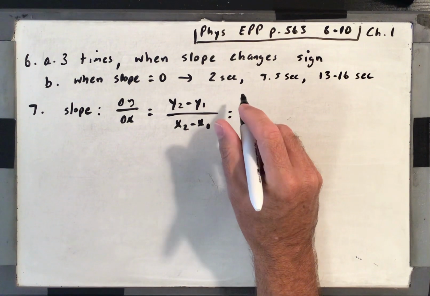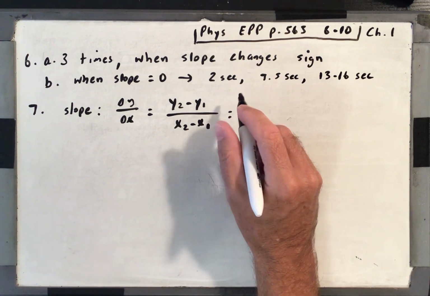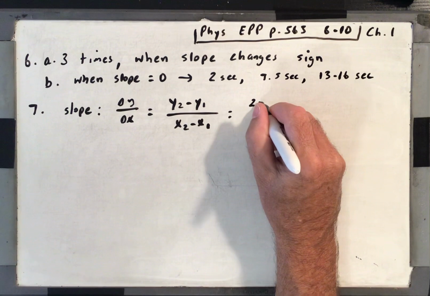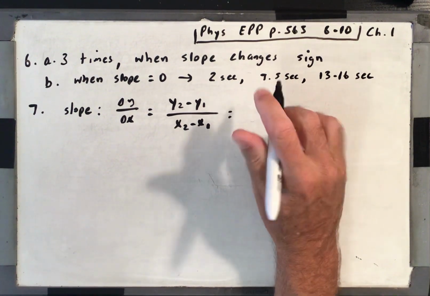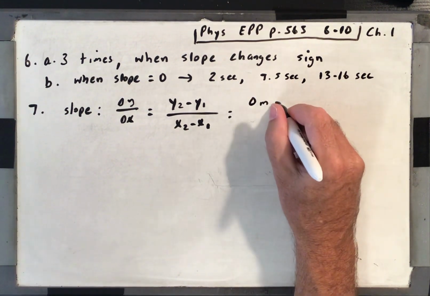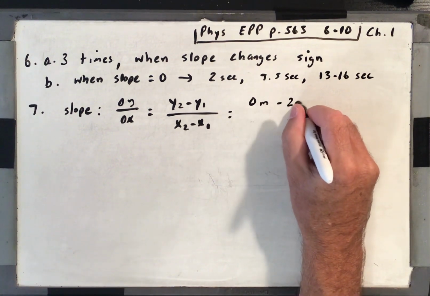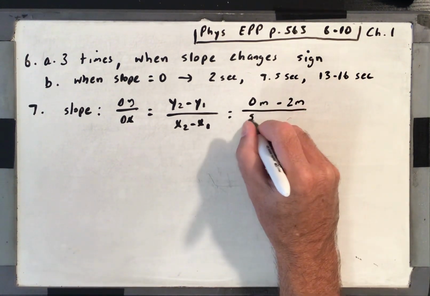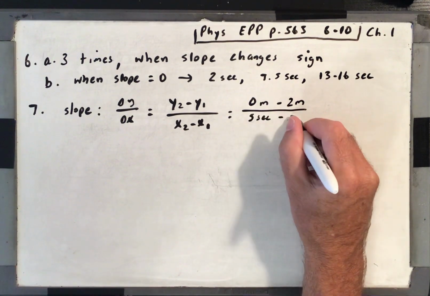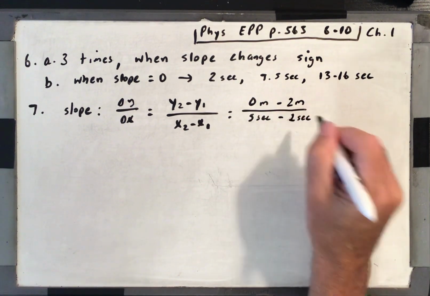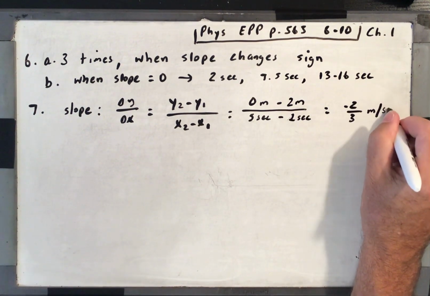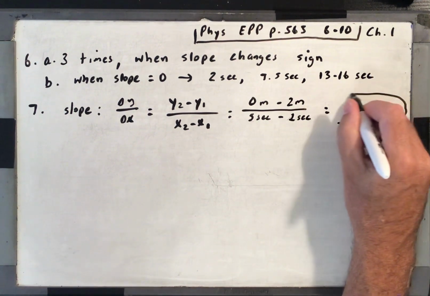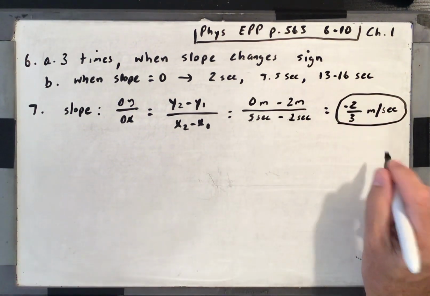So that's going to be, when x is 5, y is 0, so 0 meters minus 2 meters over 5 seconds minus 2 seconds. So that's going to be negative 2/3 meters per second is the instantaneous velocity at 5 seconds. That's equal to the slope.